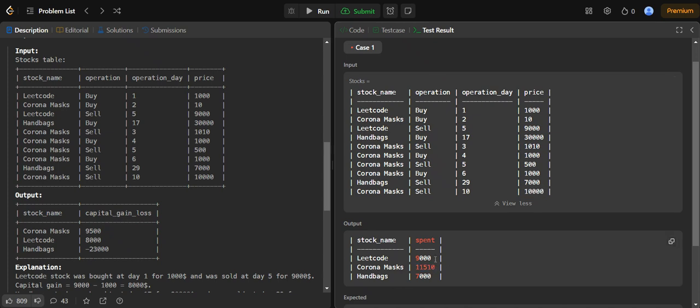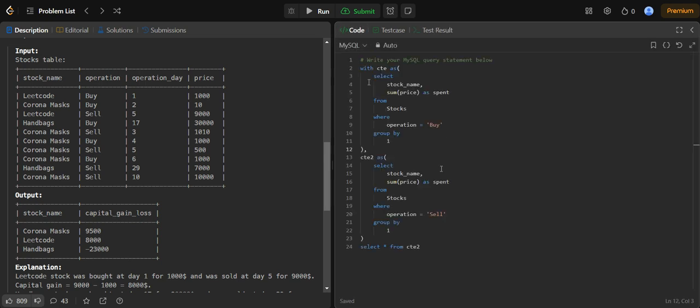So this is that. Similarly, handbags sold once for 7,000. So instead of spent here, let me write gained, because that is the money we gained after selling the stock.